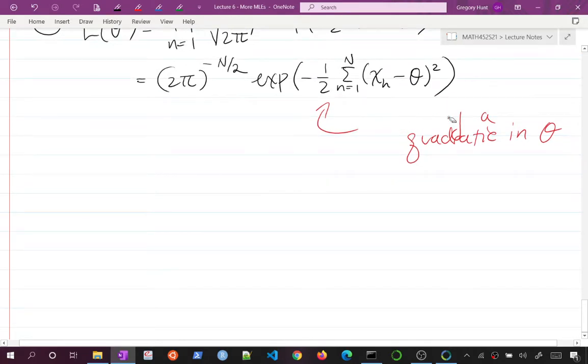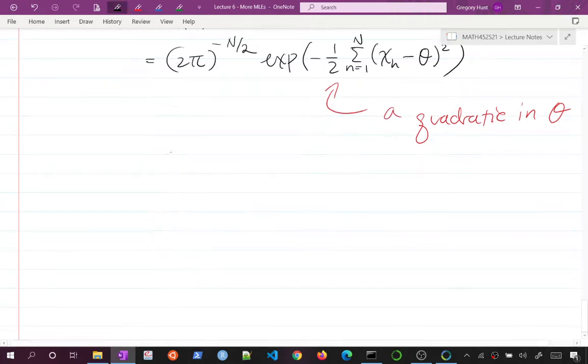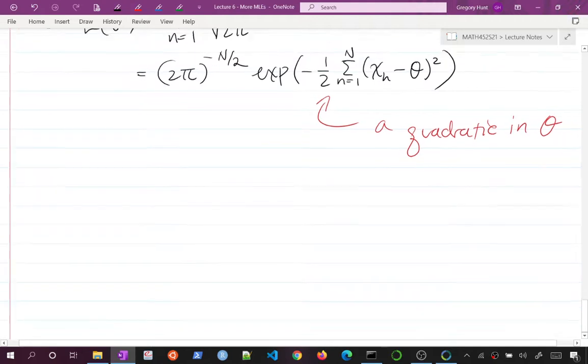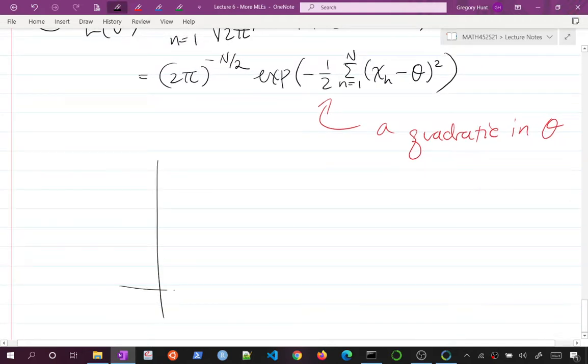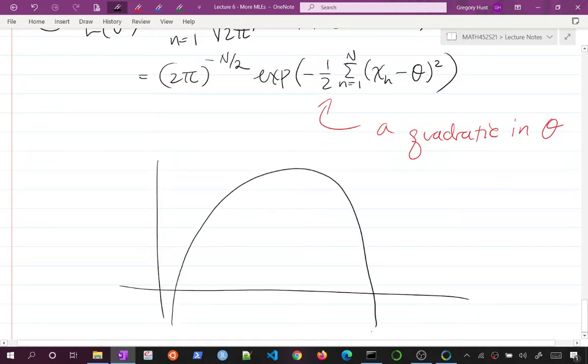We just say this is a quadratic in theta, where the leading coefficient is going to be negative because we have that negative 1/2 out front. And so if we were just to plot this function here, we would get something like this.